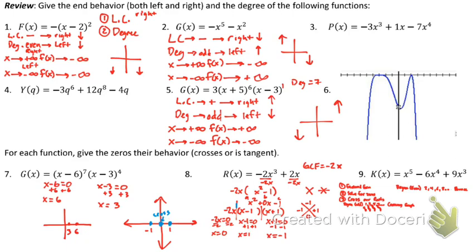Now X equal to 1 came from the factor X minus 1. What's the power of that factor? If you look, it's also a 1, which means at X equals 1 we are going to cross. So X equal to 1 is another cross.